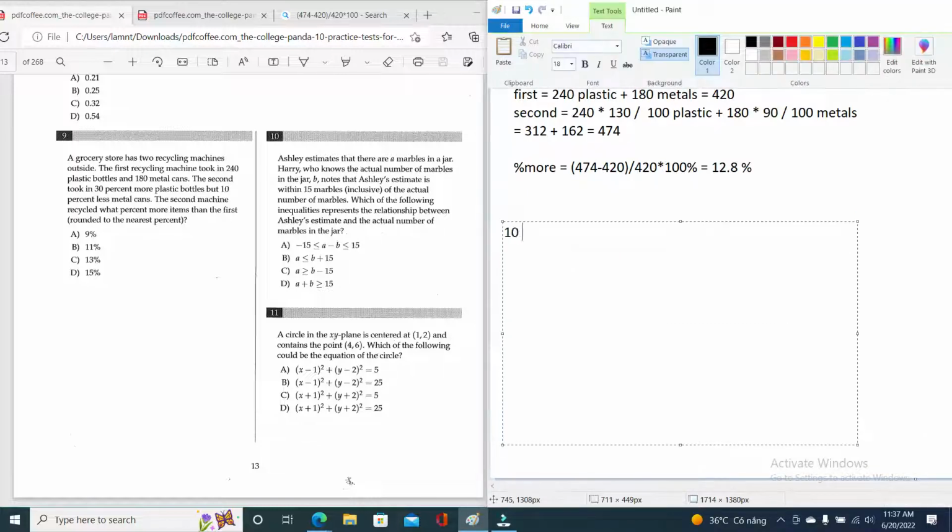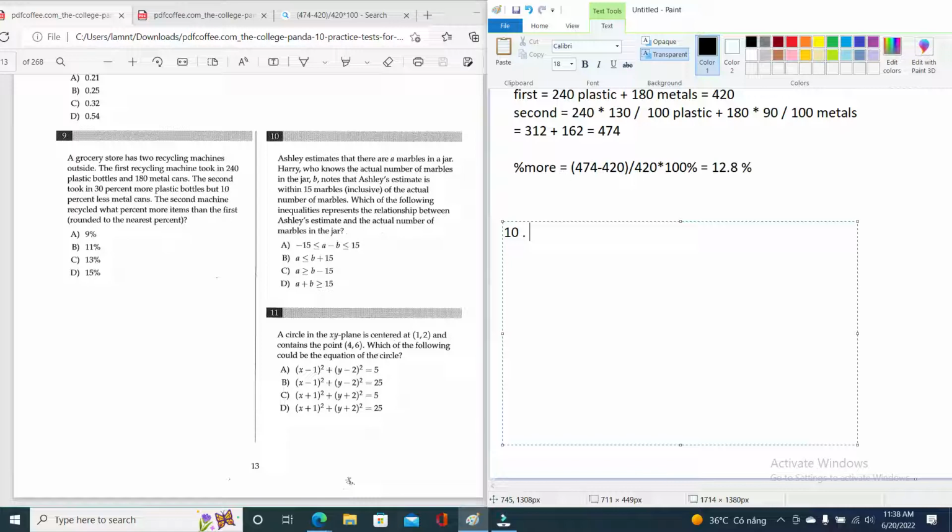Okay, so number 10. As they estimate, there are marbles in the jar. Ashley and Henry know the actual number of marbles.